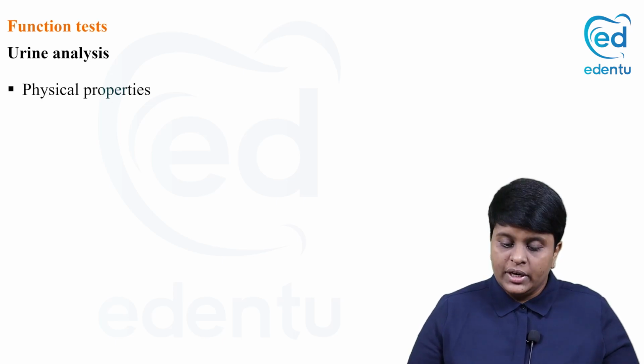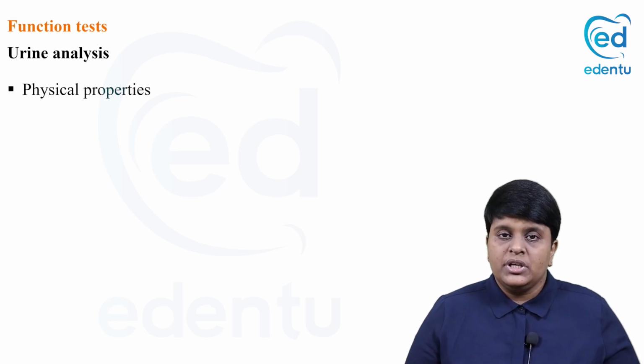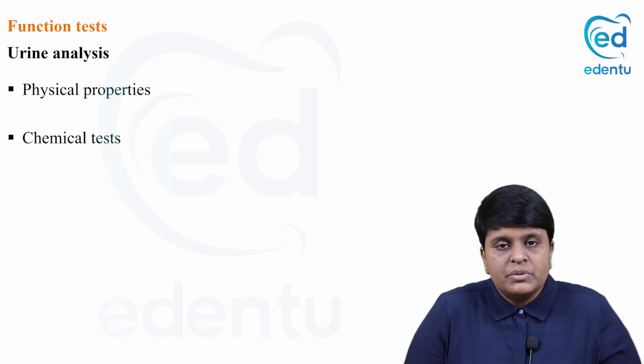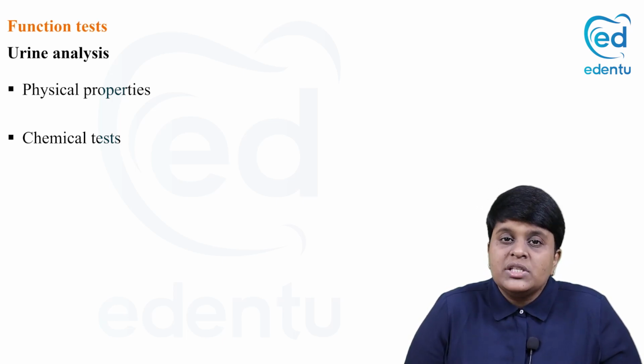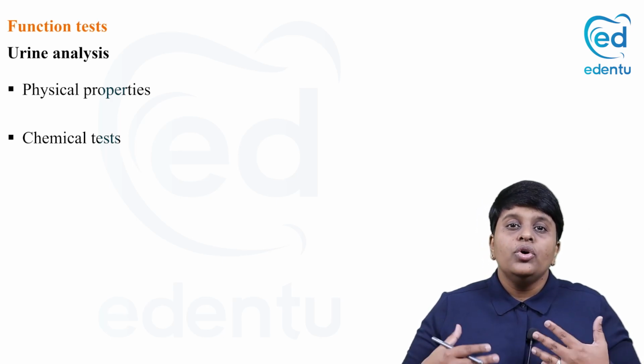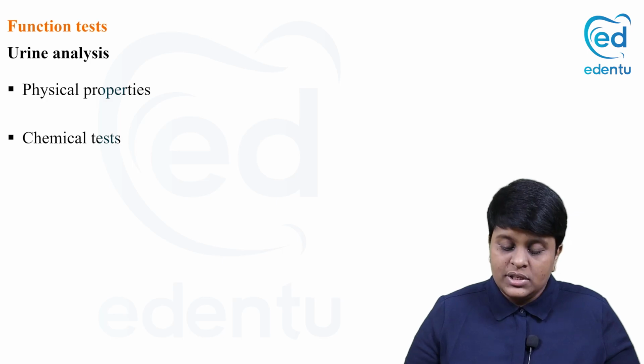Then coming to the urine analysis, we look for the physical properties such as volume of urine, which gives a very important clue. Then the color of urine, odor of urine, appearance of the urine, and specific gravity, pH. All these are the various physical properties which we test in the urine sample. And then you have the various chemical tests where you check for the presence of ketone bodies, proteins, bile salts, bile pigments, urobilinogen, and also various reducing substances.